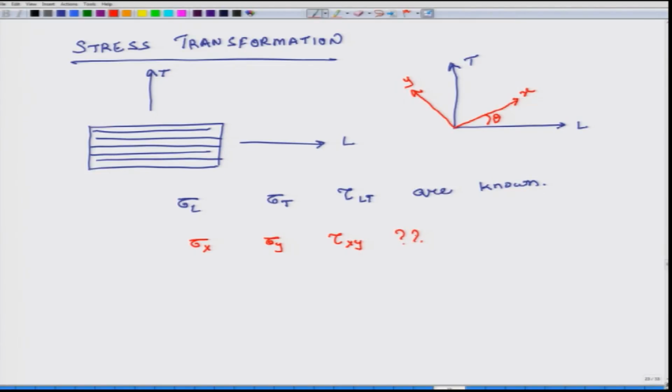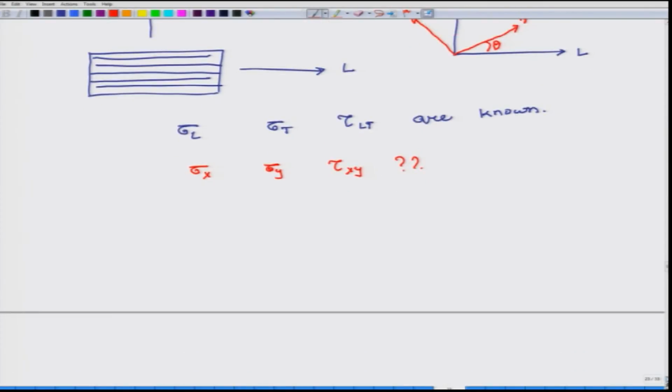What are the values of sigma x, sigma y and tau xy? Now, this is not new engineering, all of you have done this in your engineering courses, and also we covered this transformation in the last class. So, I am going to directly write down the transformation relations.